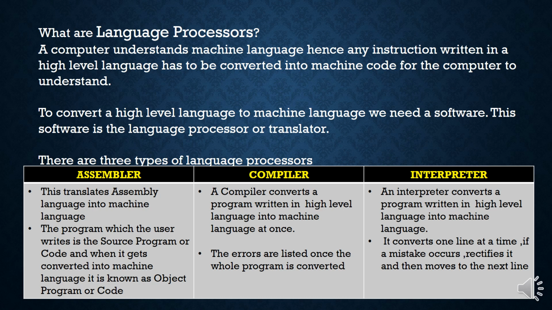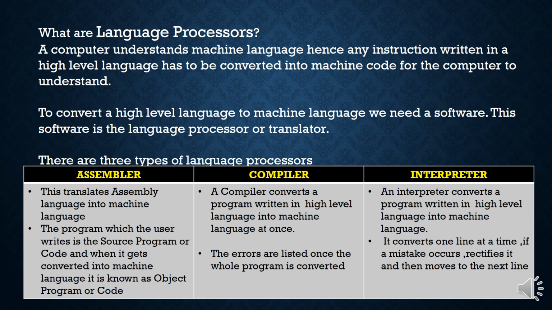A program written in any other computer language or high level language has to be converted into machine language. To convert a high level language to machine language, we need a software, and this software is called a language processor or translator. There are three types of language processors: assembler, compiler and interpreter.